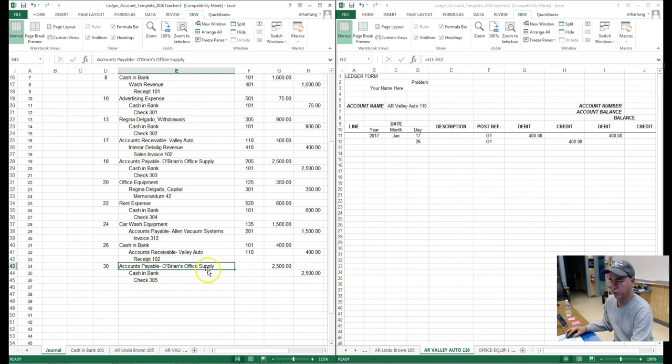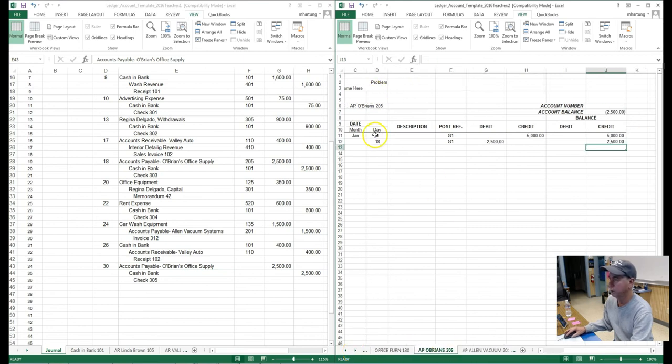And the last transaction here, accounts payable. Looks like we are making a payment to one of our liability accounts here. So O'Brien's office supply on the 30th. Be our last transaction for the month, and that is going to be a debit, paying off the rest of the money that we owe them. So we are up to date with O'Brien's.